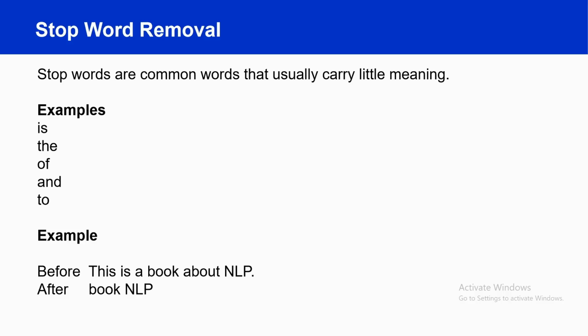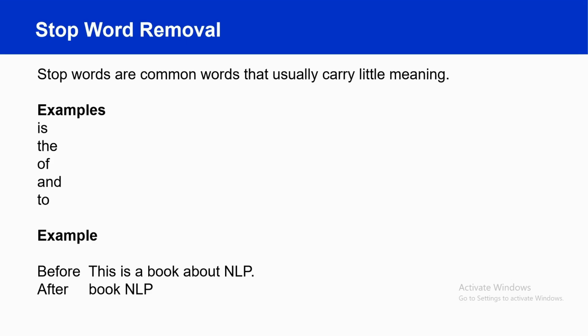Let's understand with this example. Consider the sentence, This is a book about NLP. If we remove the stop words, the remaining words are book, NLP. Notice here the important information is still present. We can still understand that the sentence is about a book related to NLP.